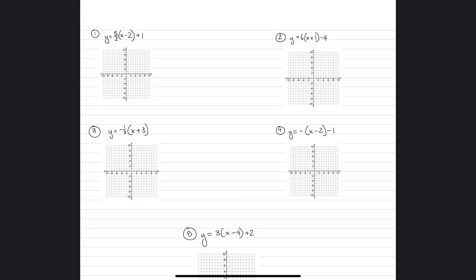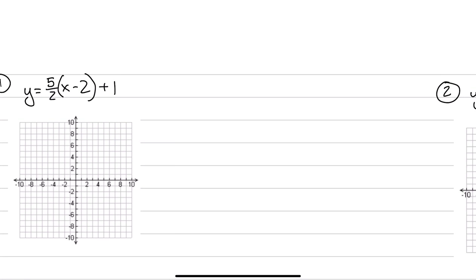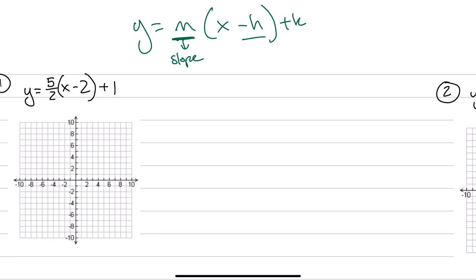So HK form. Something I want to just remind you of really quick is that it's going to be y equals m times x minus h plus k. And this is where your m is your slope, your h is going to be your opposite x value, and then your k is going to be your y value.